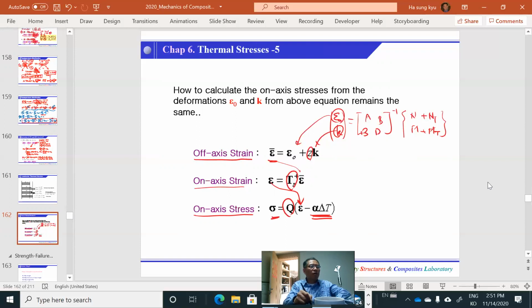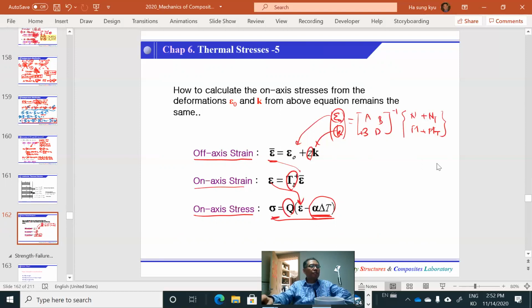In programming, it is easy to make the mistake of omitting this term, but don't forget these terms in programming, because this is the stress, strain and temperature relation which we started with.